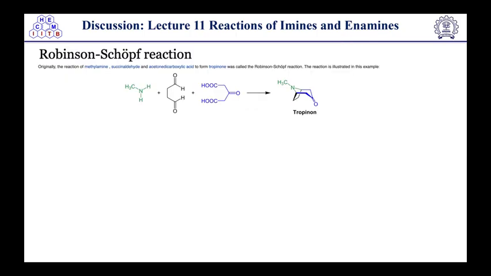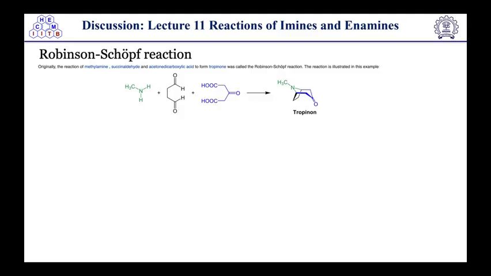Okay, so the next reaction is the Robinson-Schopf reaction. Originally, the reaction of methylamine, succinaldehyde and acetone dicarboxylic acid is used to form tropinone, which is called the Robinson-Schopf reaction.